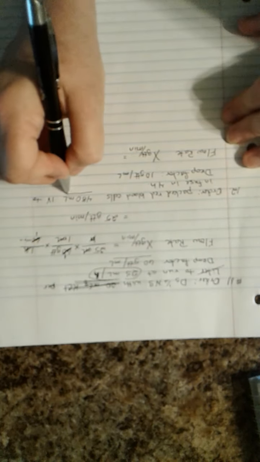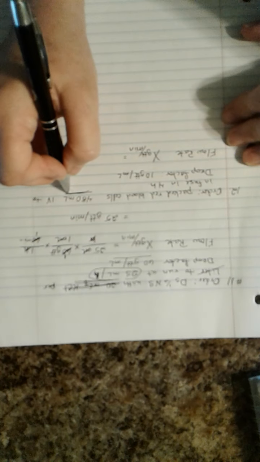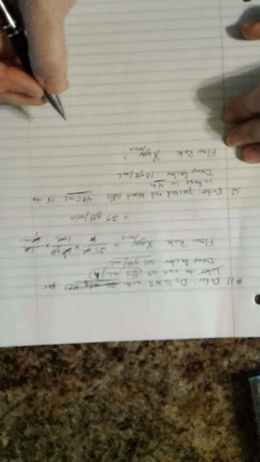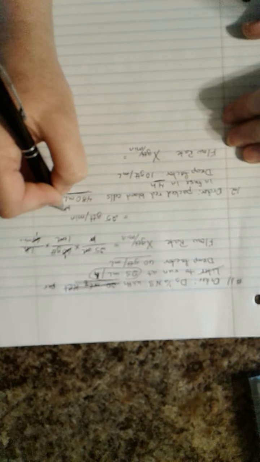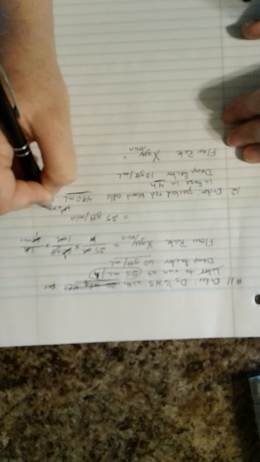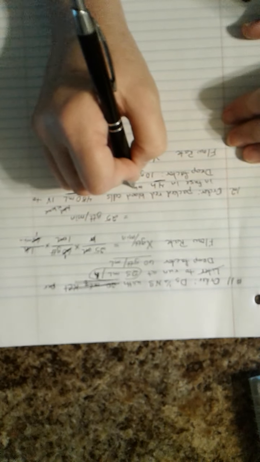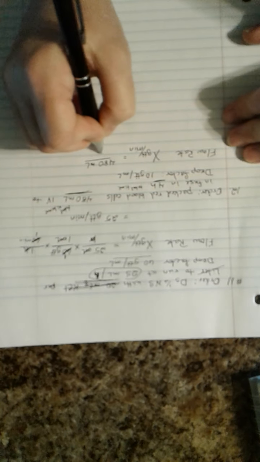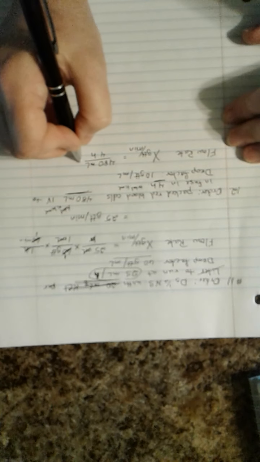So I'm going to start. I've got 480 milliliters in 4 hours. That's the only two numbers, and those are the two numbers I need. Total volume, total time. So I'm going to have 480 milliliters over 4 hours.